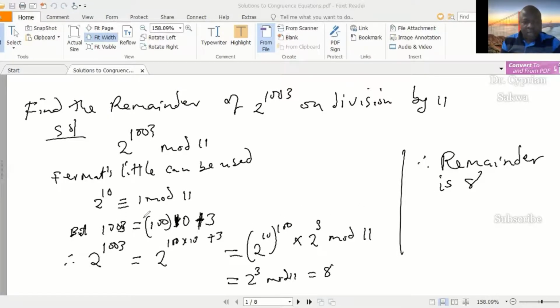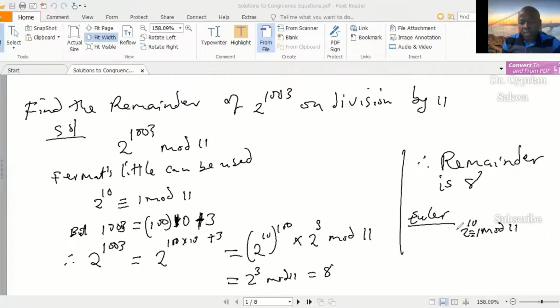Now, what about Euler? Let's see how Euler would work out. If I were to use Euler's theorem, it would say that 2 raised to φ(11), but φ(11) is just 10, is congruent to 1 mod 11.